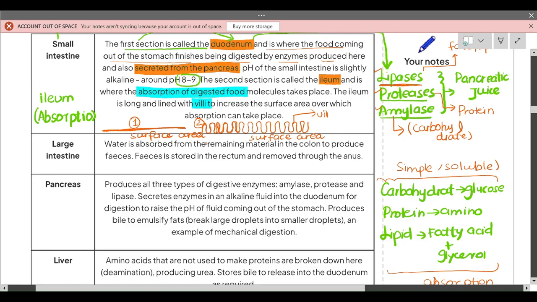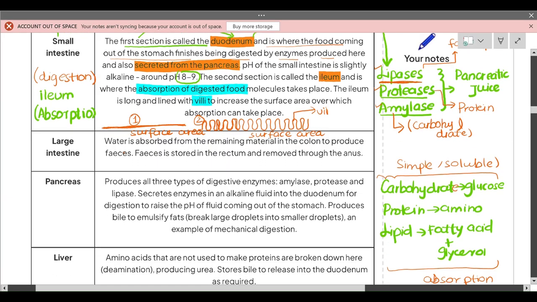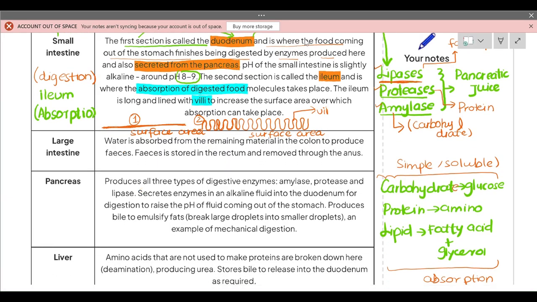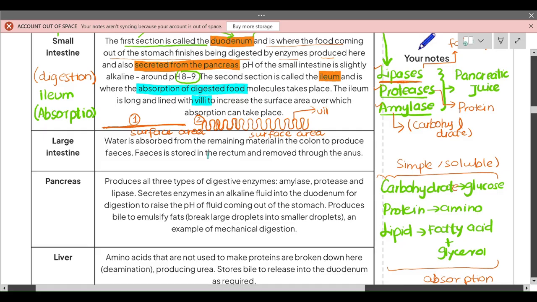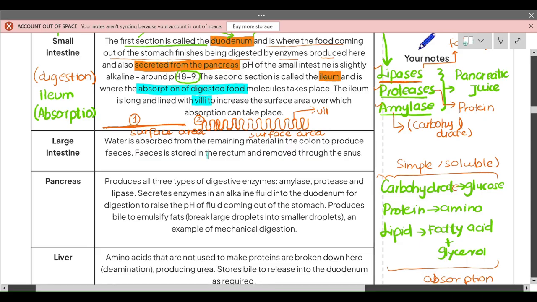Let's move forward and talk about the large intestine now. Before moving forward, what happened in the small intestine? The two things that happened here were absorption as well as chemical digestion, right? Now for the large intestine, the things that were required to be digested are completed in the small intestine, and the things that cannot be digested are passed towards the large intestine.